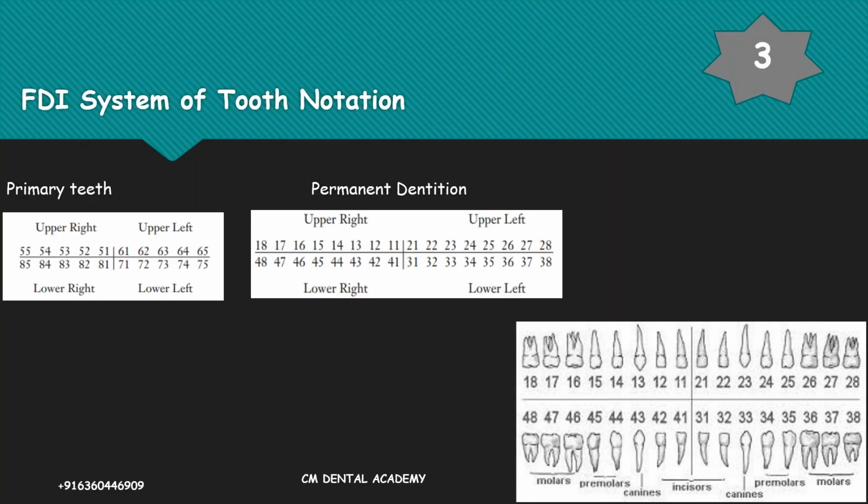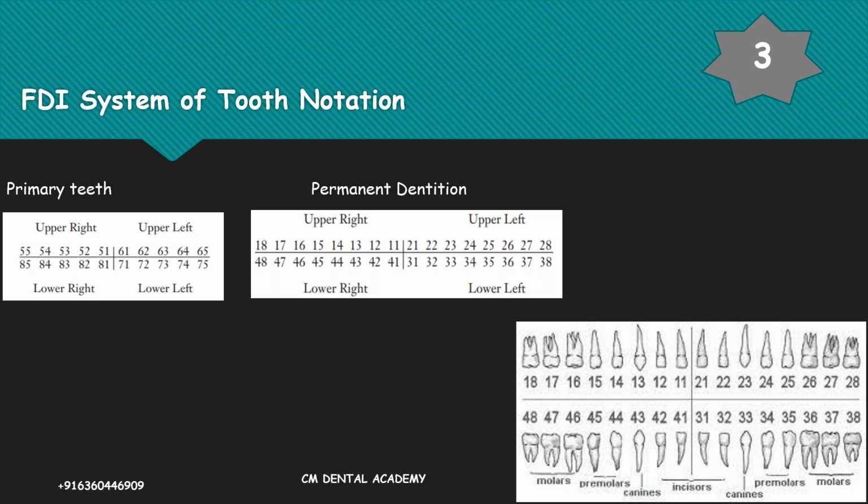In case of the FDI system of tooth numbering, in case of primary teeth, the entire arch is divided into quadrants. In primary dentition, these quadrants have also been numbered: fifth quadrant, sixth quadrant, seventh quadrant, and eighth quadrant. Here the first digit always notifies the quadrant.